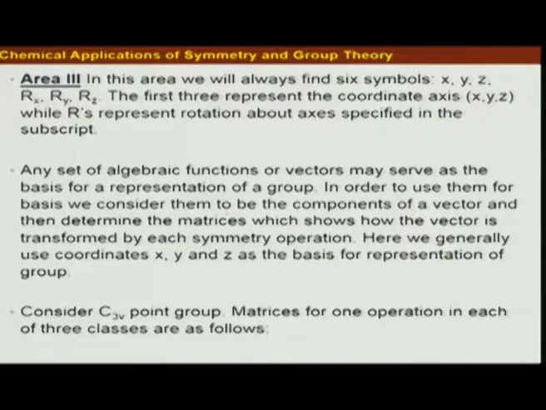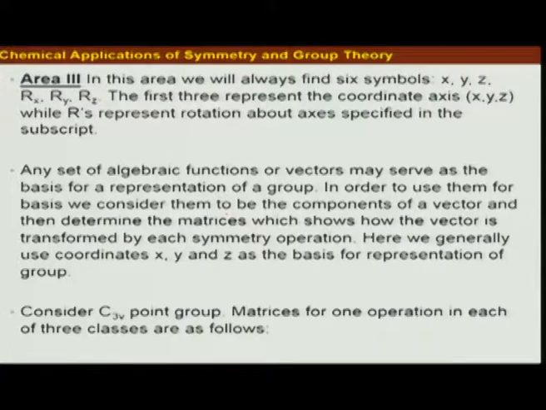As we said, any algebraic function can act as the basis function, and we can form any basis set out of those functions, and we can use any vector also, like I talked about the bond vectors. So we showed earlier the examples with taking x, y, z for, say, the C2V point group.